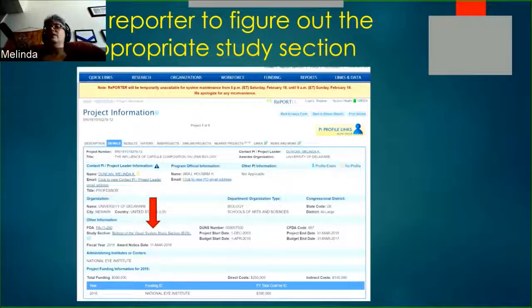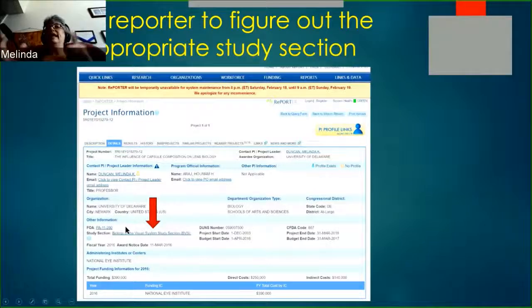Diseases of the Visual System is largely around certain diseases of the cornea and retina. Biology of the Visual System, though, is in charge of infectious diseases of the cornea, and all diseases of the lens are seen by this study section.